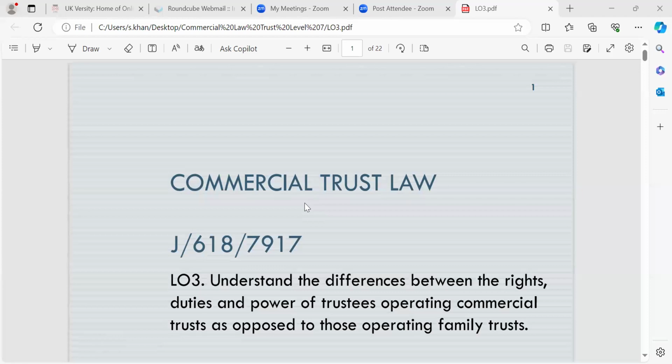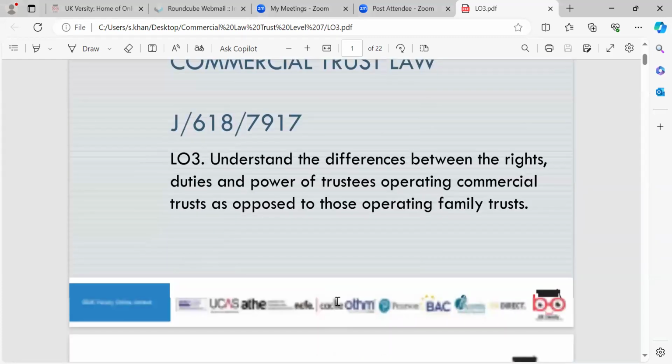Now we're going to go on to learning outcome 3, is to look at understanding the differences between the rights and duties of trustees operating commercial trusts as opposed to those operating family trusts.